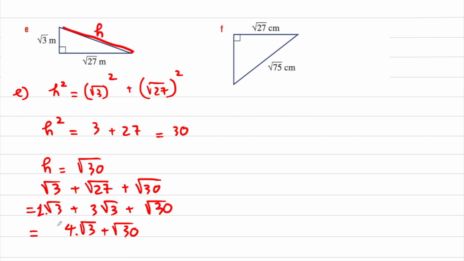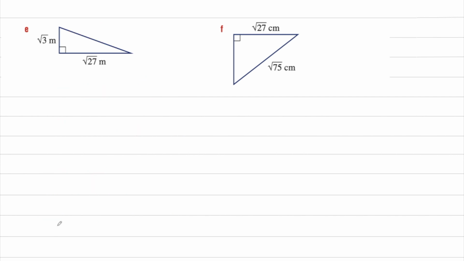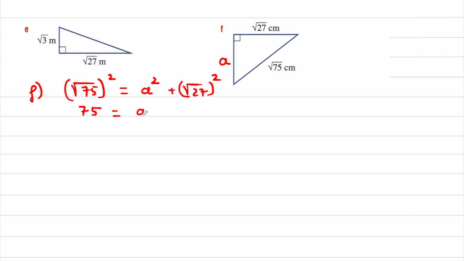The next question, or the last question, one side is square root 27 and one side is square root 75. You don't know about this one, I will put the name like A. And about the Pythagoras formula, you got hypotenuse squared will equal to the other side squared added together, like this one. 75 equals a squared plus 27.